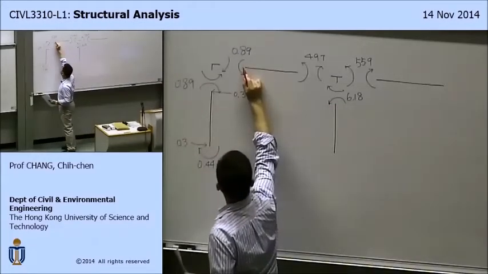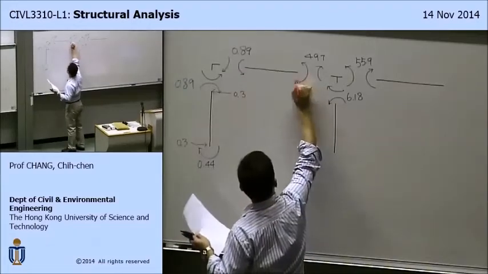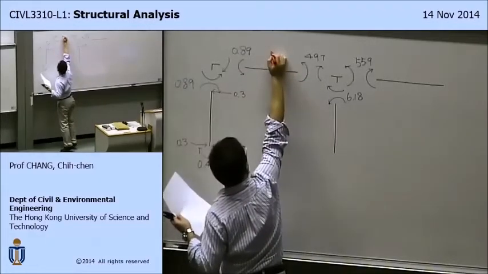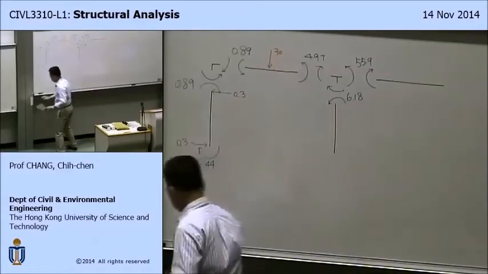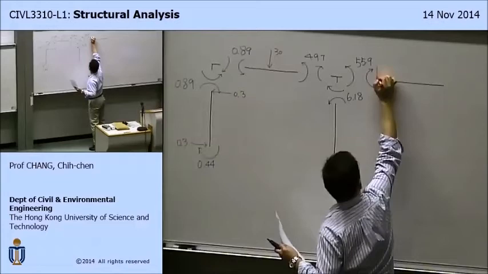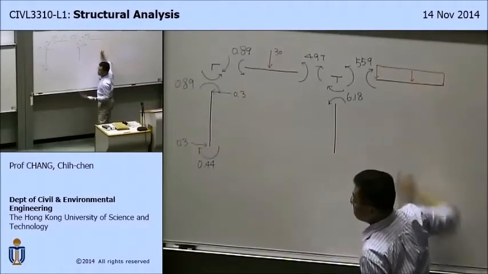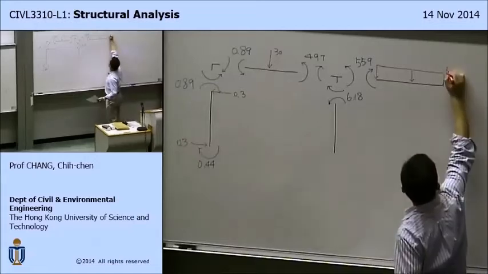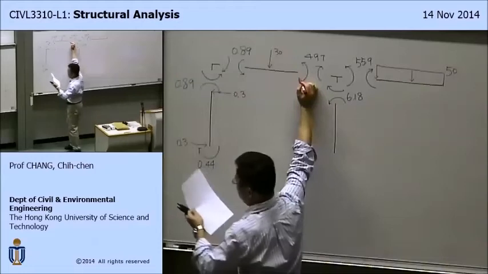And here, come over here, do equilibriums on the components. Oh, there's an external force, don't forget. There's an external force of 30. And there's an external force of distributed loads, 50. So, equilibriums.